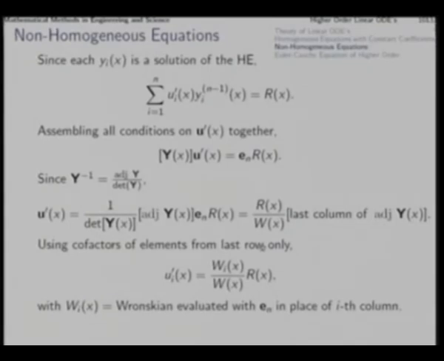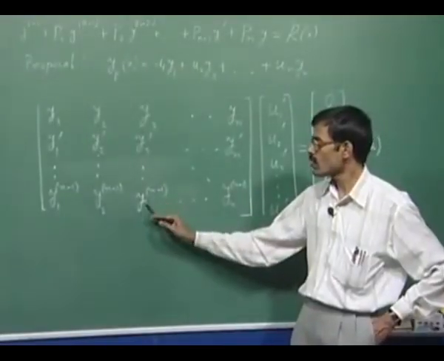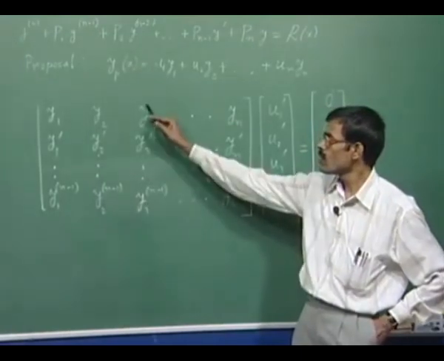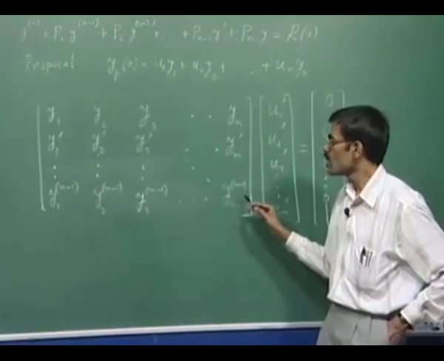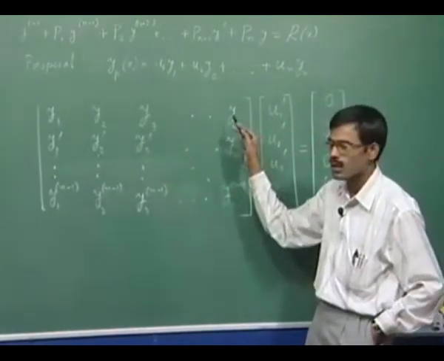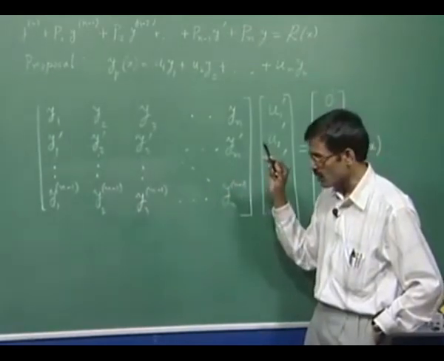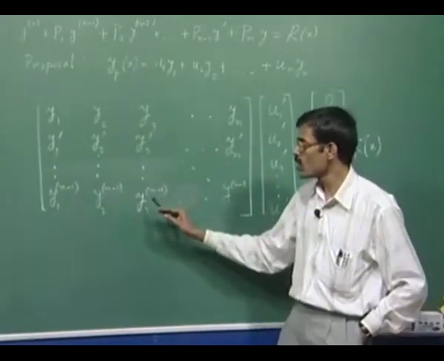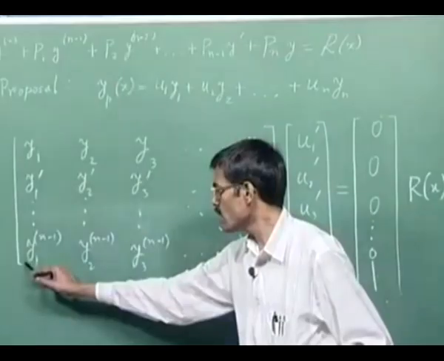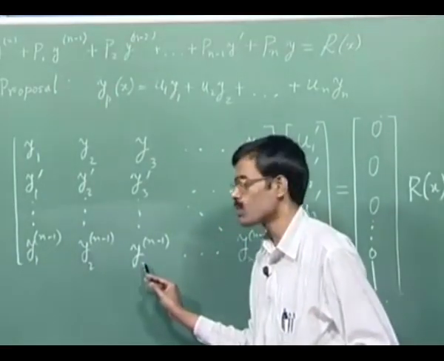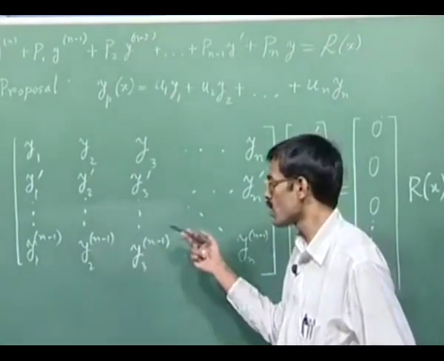Now, what is the cofactor of this entry? For the cofactor of this entry, we need to remove this column and this row, and for whatever remains we find the determinant, and then we put the sign according to the row number and column number of this entry. That is, the row number is n and the column number is 1, 2, 3, so the position will reflect in the sign.